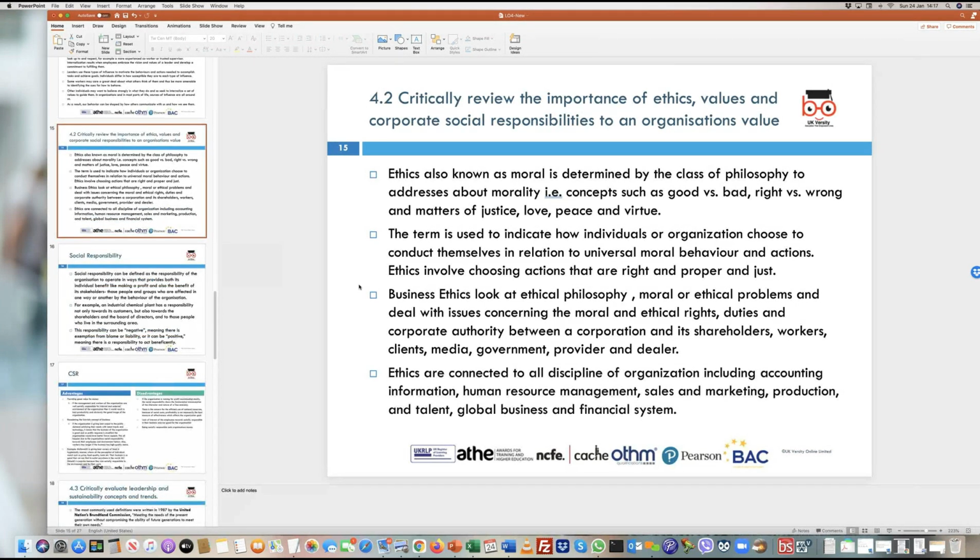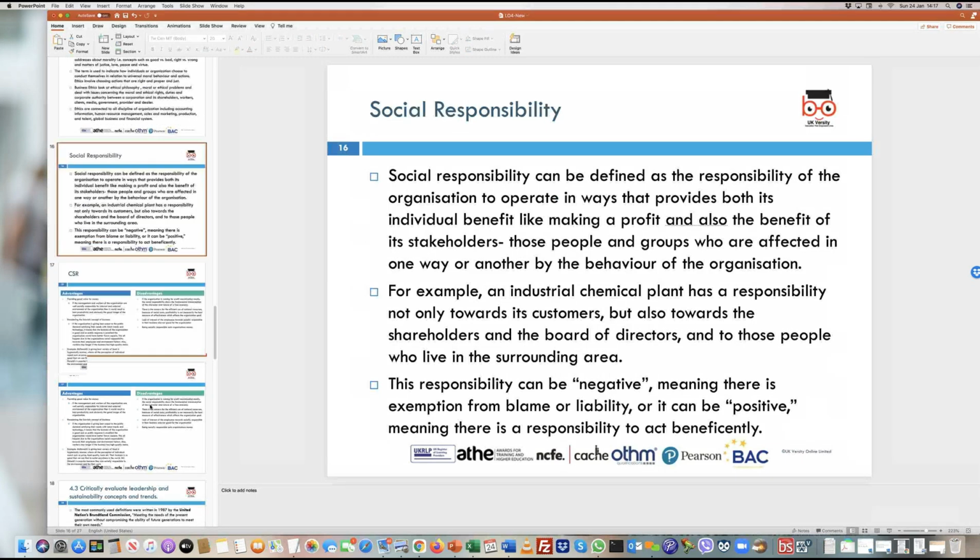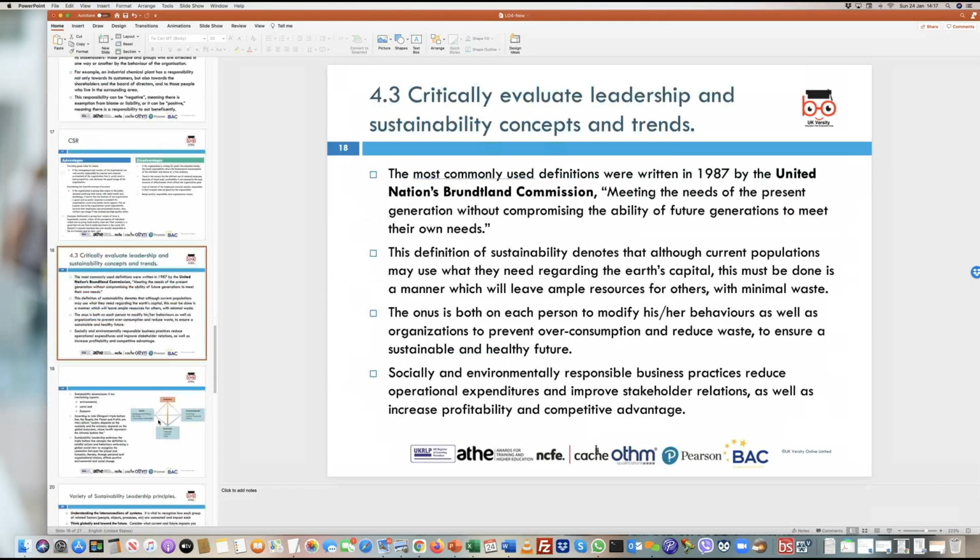You could put in an example towards the end, which would cement your argument and show your understanding of how this is treated within your place of work or your own organization, and that would be good enough.